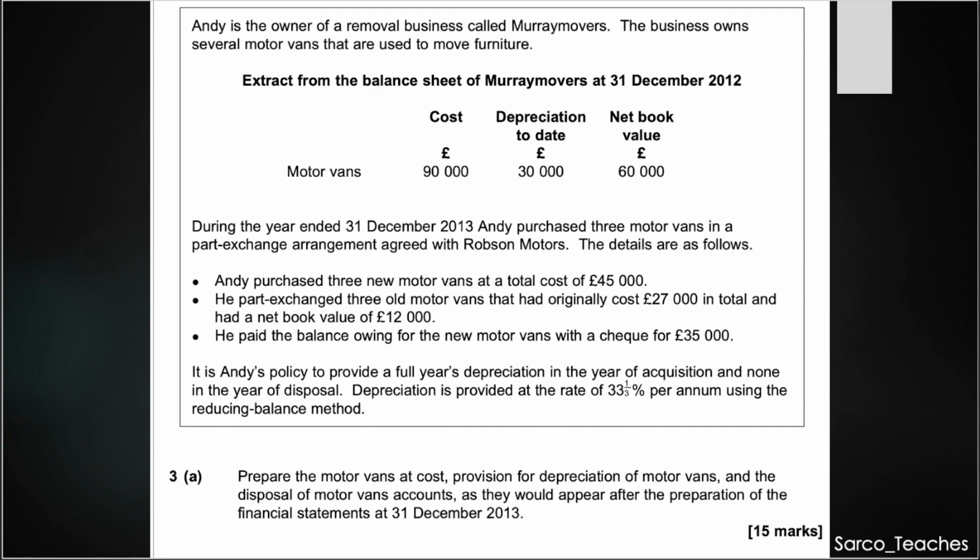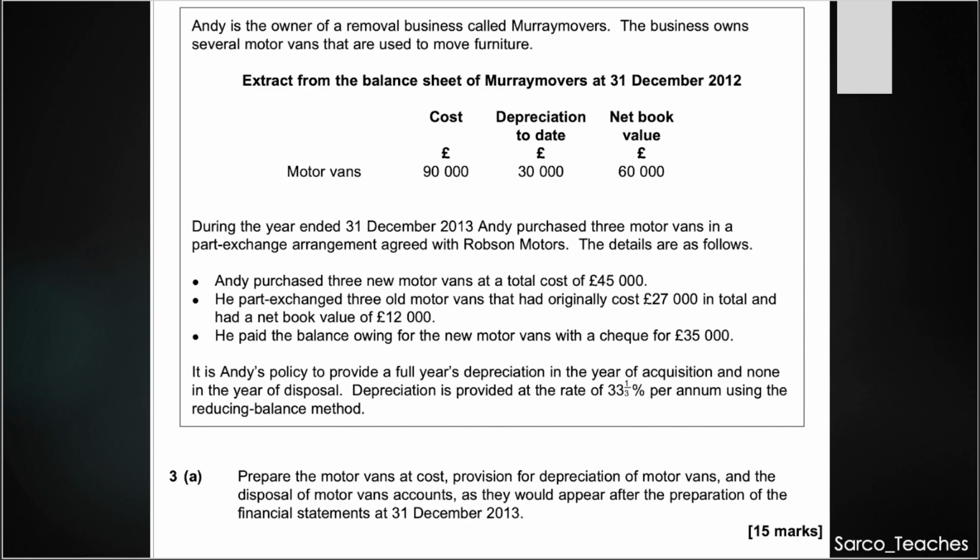So we gave them the 3 old motor vans, and then we also paid them 35,000, which it says at the end, the owing balance of the new motor van, we paid it with a check of 35,000. So if you do 45,000 minus 35,000, we get 10,000. So our part exchange allowance is actually 10,000. So they valued our 3 old motor vans at 10,000.